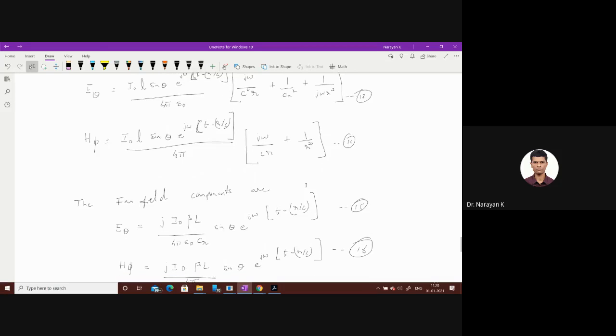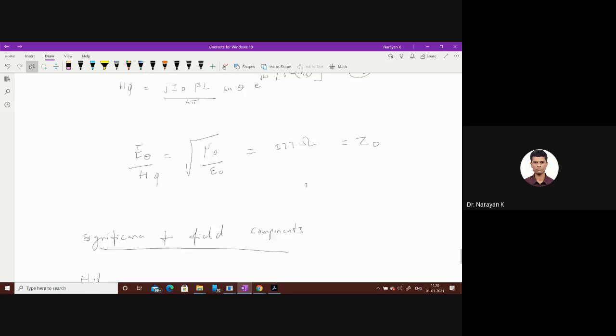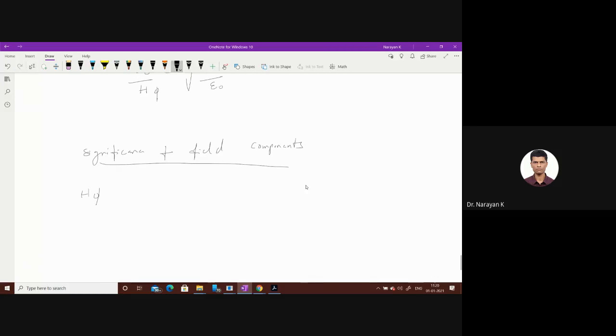This term is called the radiation component, and it basically represents the radiation of the electromagnetic wave from the conductor. So this H phi component is inversely proportional to r and is called the radiation component.